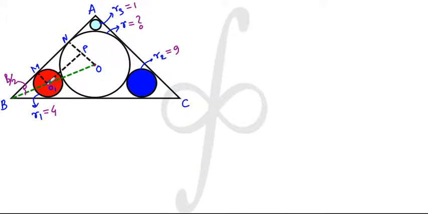this circle O1, we have dropped a perpendicular on ON, which is a radius of the incircle, and another perpendicular is dropped on AB. So this much length should be the radius of the small circle, R1, and ON should be the length of the radius of the incircle.